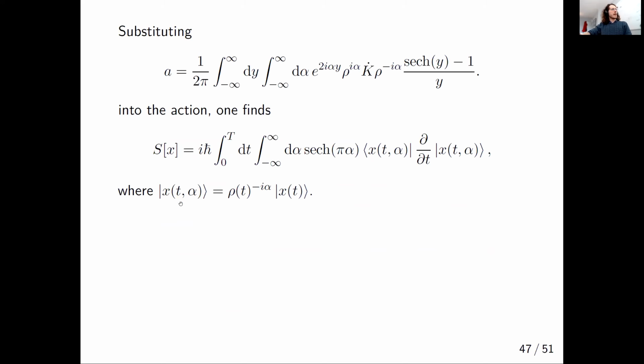where these states x of t and alpha are defined by acting with modular flow on x of t. And because modular flow reduces to classical evolution, x of t and alpha just corresponds to a single classical state.